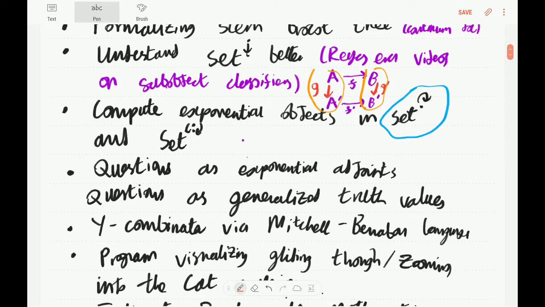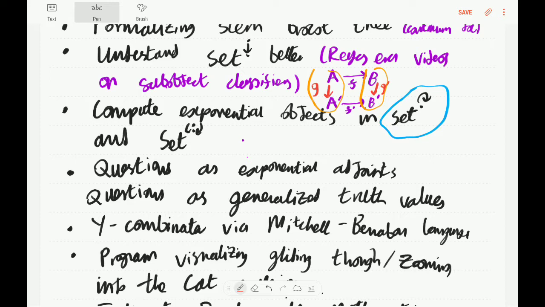What are questions? Okay, this is something I talked quite a bit about in one of my videos on knowledge representation, how we can use ontology logs to try and convert a real world language into category theory, basically.